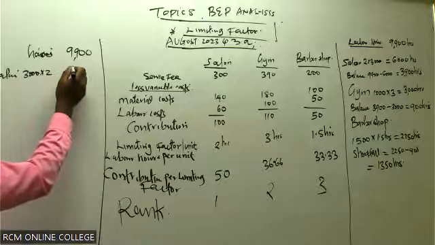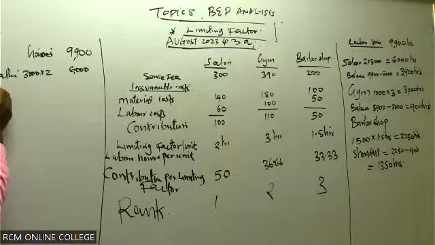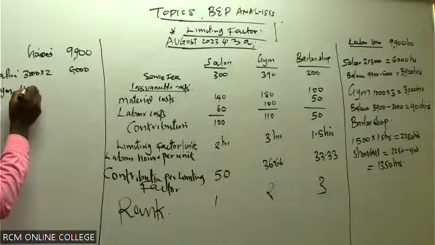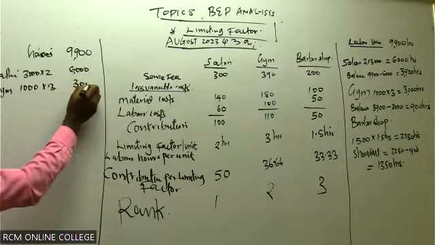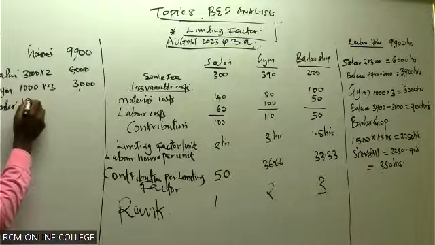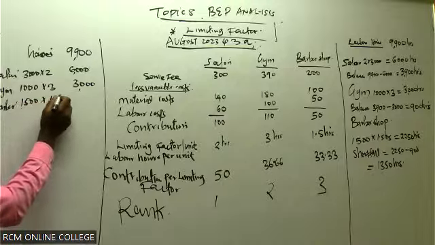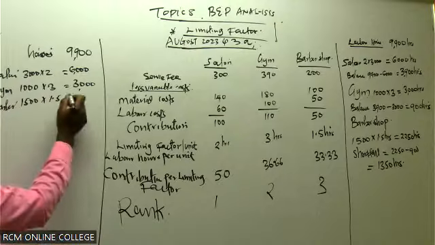So that is 6,000 hours. Under gym, we need to serve 1,000 clients and each requires 3 hours. That is 3,000. Under barber shop, we need to serve 1,500 clients at 1.5, which will be equivalent to 2,250.